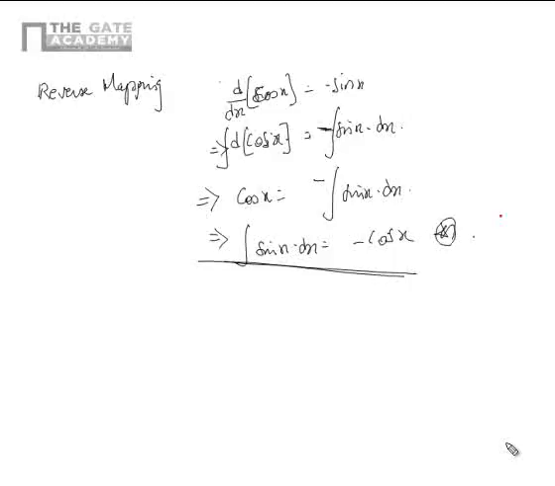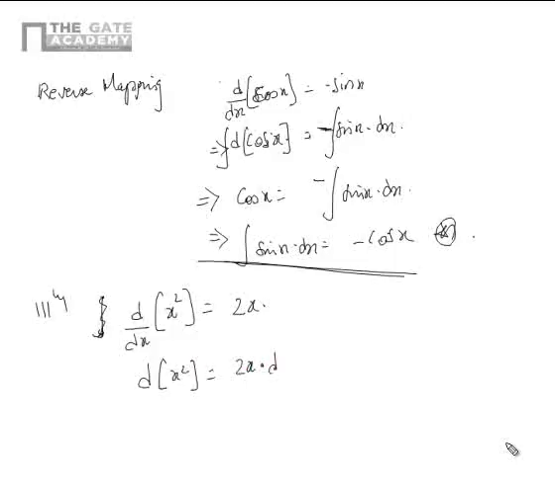Similarly, we start with the differentiation, right? Differentiation of x square is 2x dx.